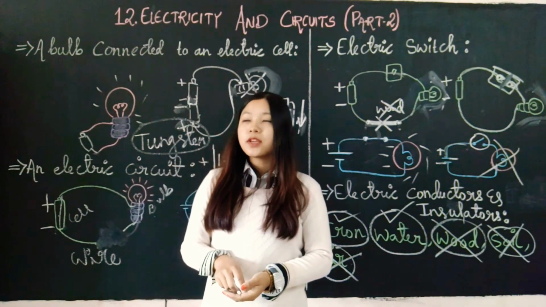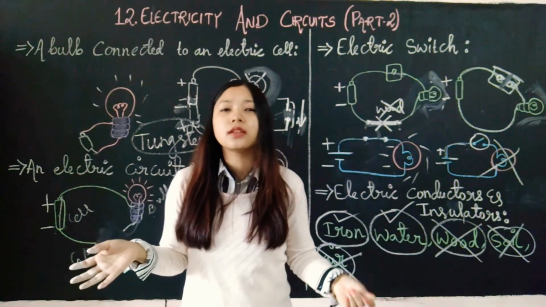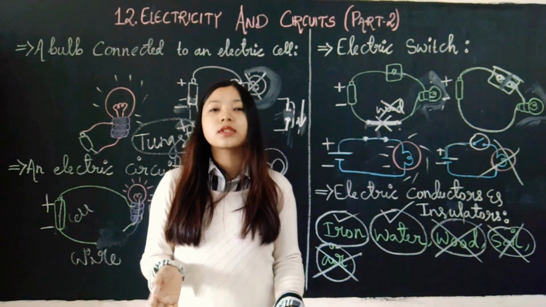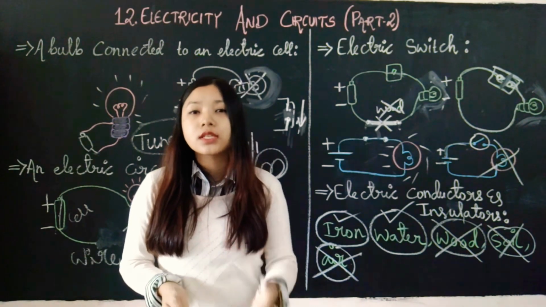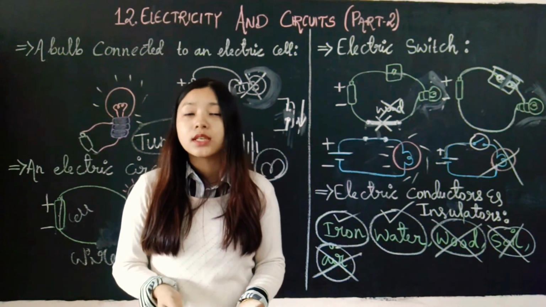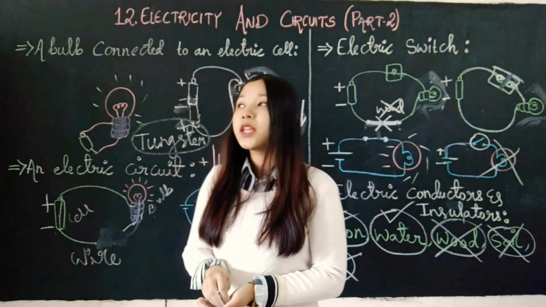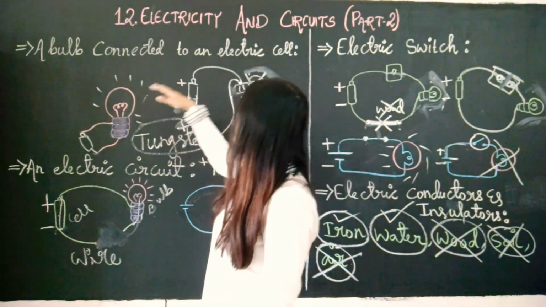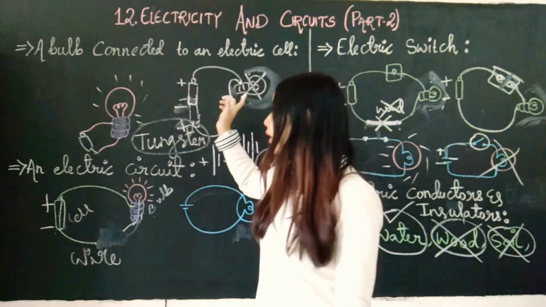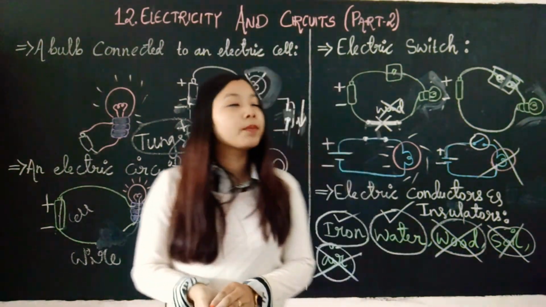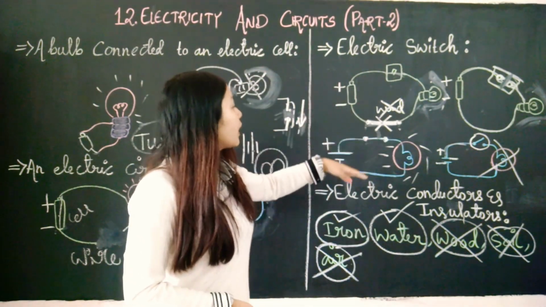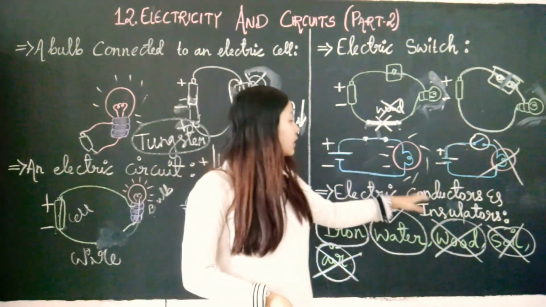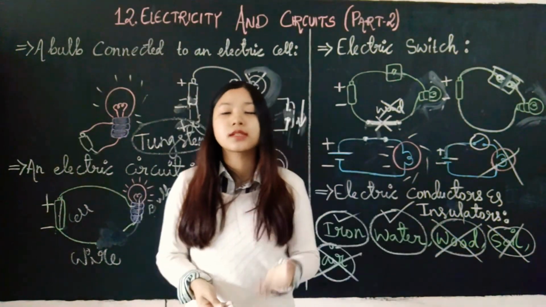Now, in this chapter, we have discussed various topics. In the first video and in this second part also, we have discussed various topics like electricity, various uses of electricity, electric cell, then electric bulb, a torch bulb, then how to connect this bulb to an electric cell, an electric circuit, then electric switch, an open circuit and a closed circuit, then electric conductors and insulators, and some of its examples.